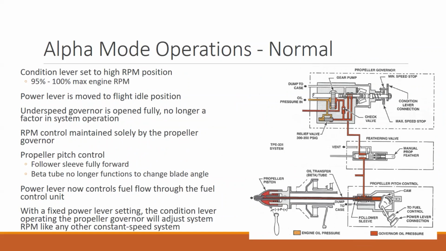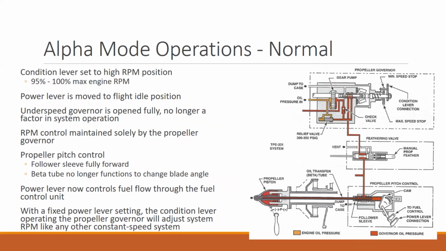And so what happens down here in our prop pitch control is the follower sleeve just gets jammed all the way forward. It gets pushed way forward. And so what that means is, remember, the way we controlled it is, did we block off this port here by sliding the sleeve back?